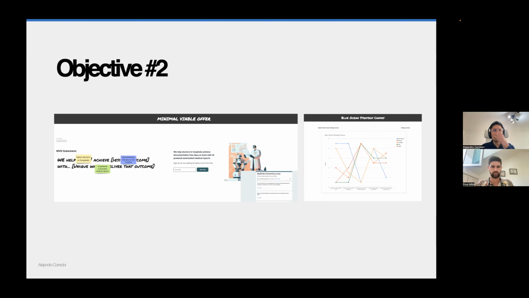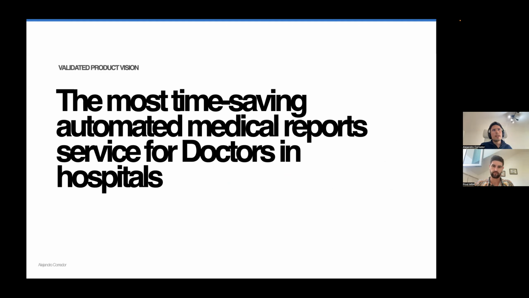And here to the left, you can see the minimal viable offer GUI that we put together for people to interact with. And as we mentioned, the MBA statement that we wanted to share with them was that we want to help them achieve documentation-free days at work. Then after putting all these things together, getting the feedback through a small survey that we did at the end together with the MBO, we decided to validate a product vision.